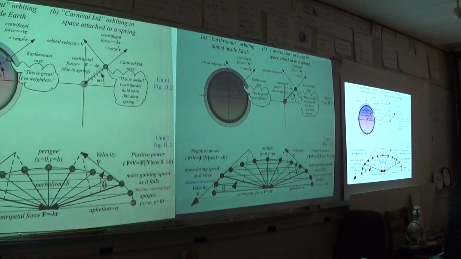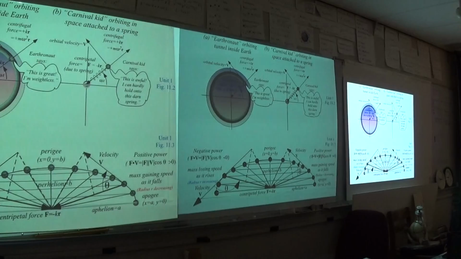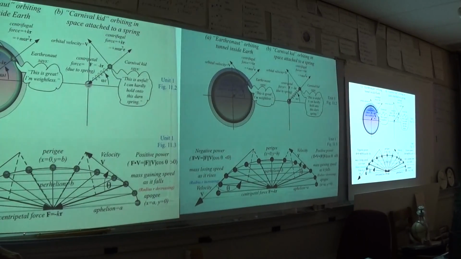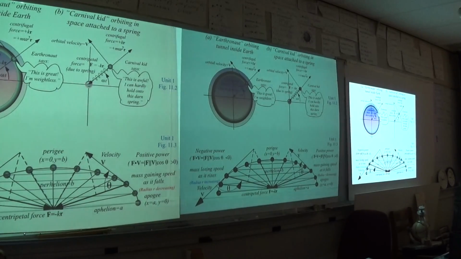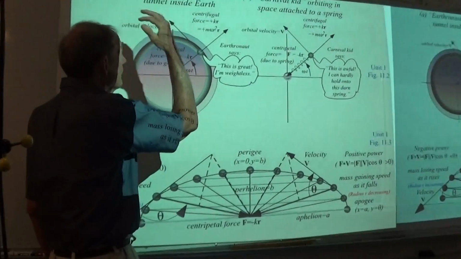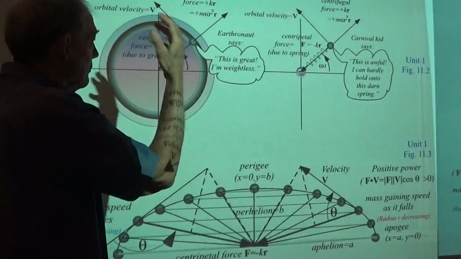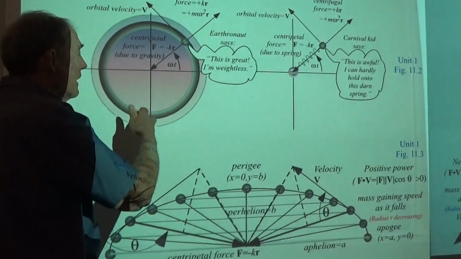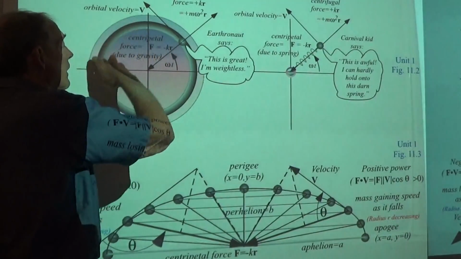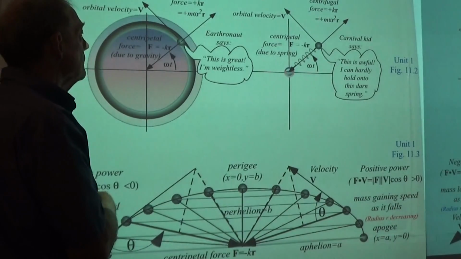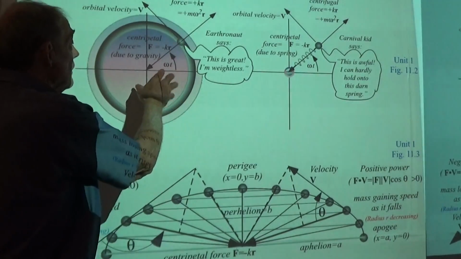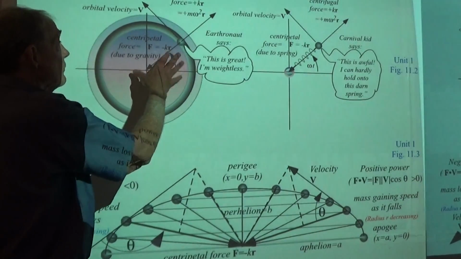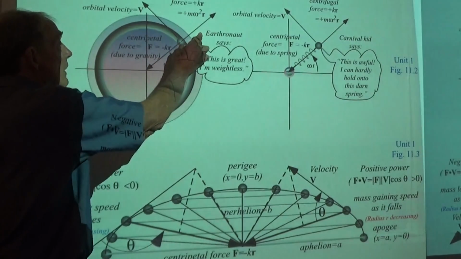Here are two situations that involve a mass in an isotropic oscillator executing a circle or a near circle. We have an orbital velocity of an earthronaut. Somebody is riding in a capsule in an evacuated tunnel. There's a perfect circle or near perfect circle around part of the Earth that's well below the surface.